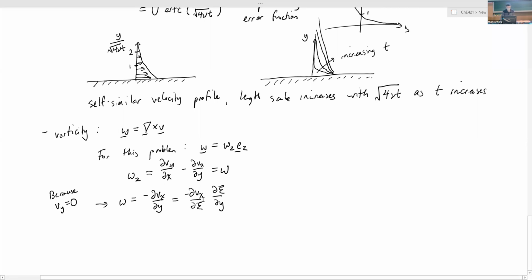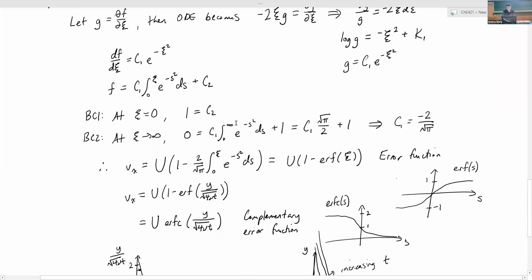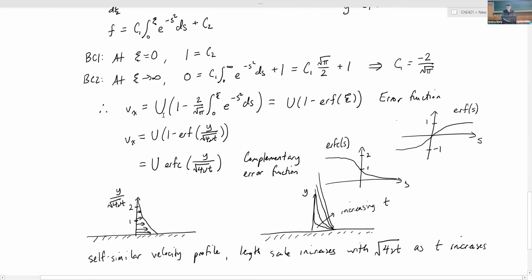Now it's fairly simple to evaluate both of these derivatives. dVx/dxi is fairly straightforward. This is my Vx, and if I wanted to take the derivative of this with respect to xi, then I still have the u, and I still have the minus 2 over square root of pi. But the derivative of this integral with respect to xi is just e to the minus xi squared, second fundamental theorem of calculus.